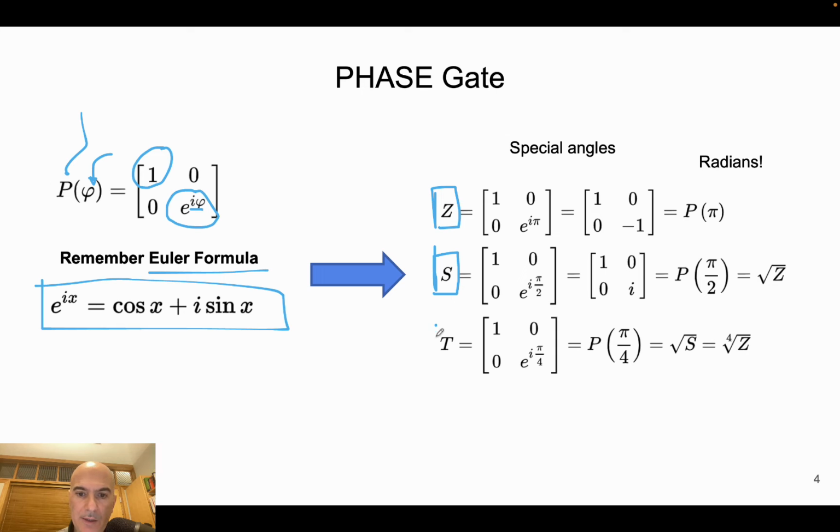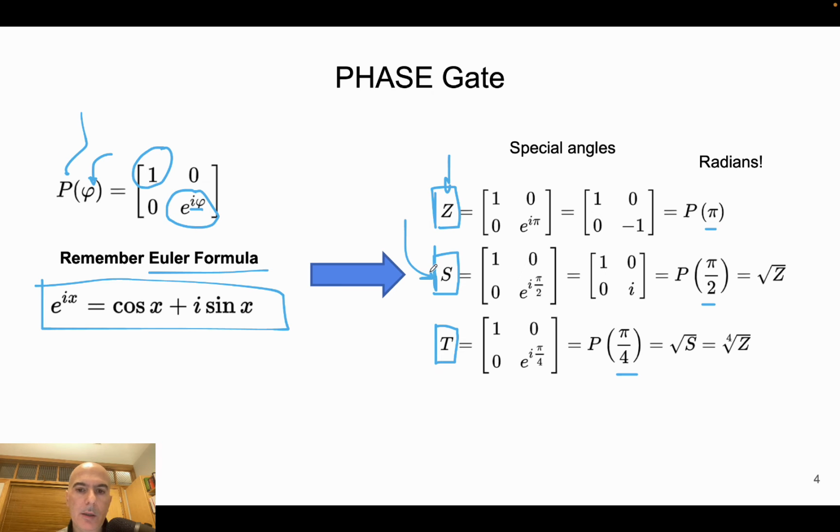Together with the phase rotation, in the literature, in other textbooks, you also note these other quantum gates, Z, S, and T, that are nothing else than a specialization of the phase quantum gate. So these are a phase with particular angles, pi, pi over 2, and also pi over 4. The Z gate is a phase with pi as argument.